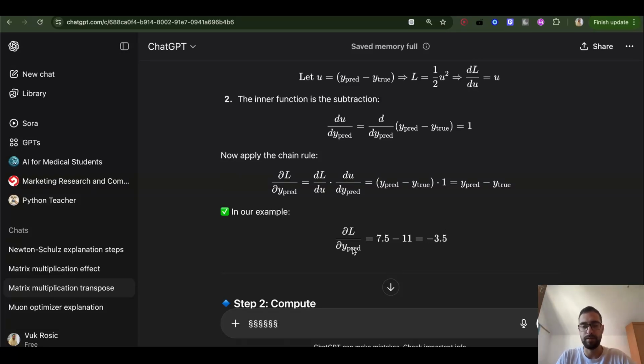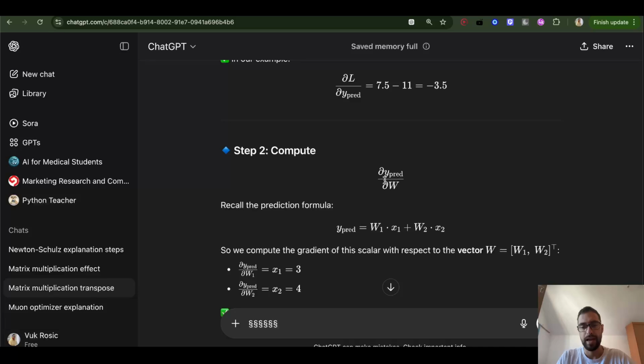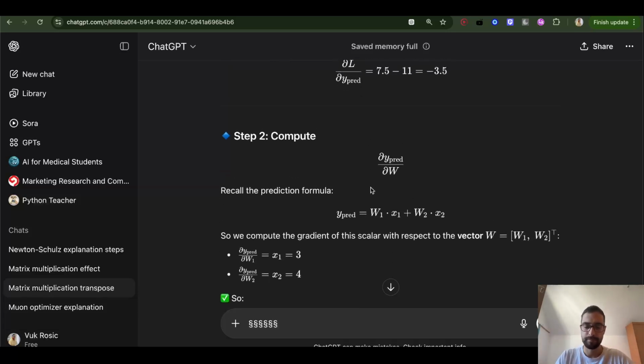But as you remember, we also need the derivative of y pred with respect to weight, and then later multiply this and this. So there is a lot of decomposition based on the chain rule. But anyways, just stick with me, bear with me. Okay.